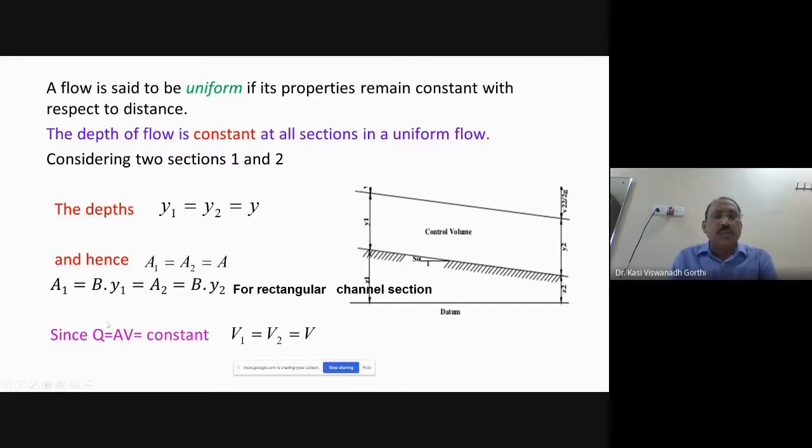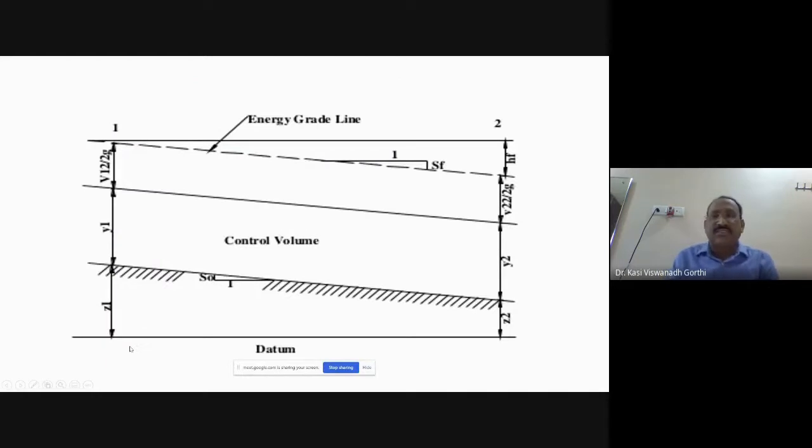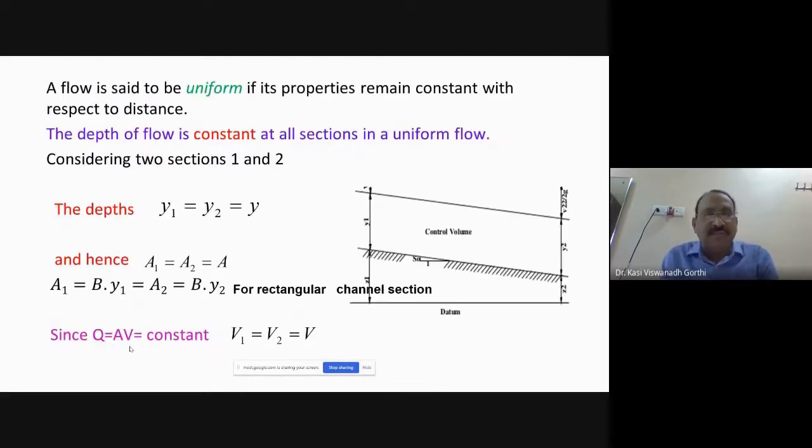So Q is equal to A into V is constant, which means that A1 V1 must be equal to A2 V2. Since A1 is already equal to A2 here, V1 also will become equal to V2, which is equal to the mean velocity V. So another important feature of open channel flow that we have arrived at, in the case of uniform flow, is not only that the depth of flow y1 is equal to y2, but also that the mean velocity at section 1, V1, is equal to the mean velocity at section 2, V2.